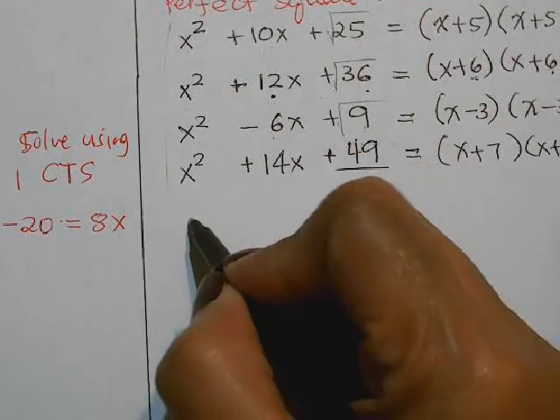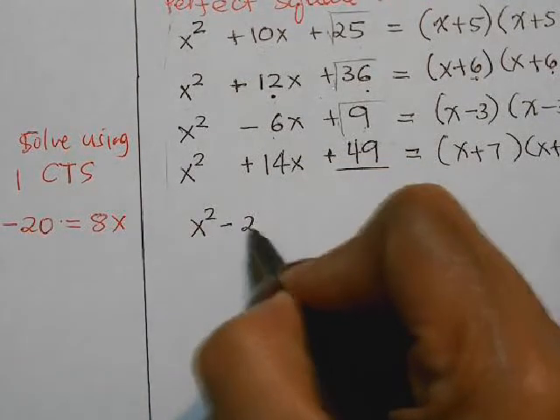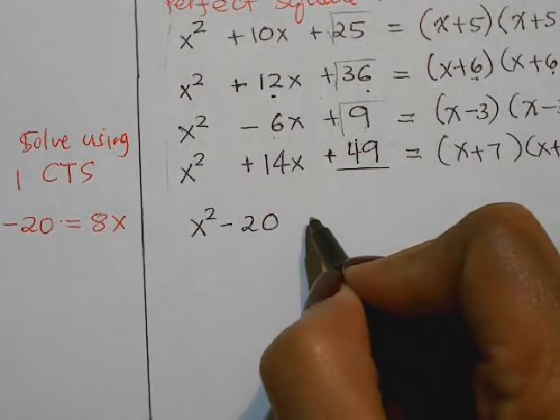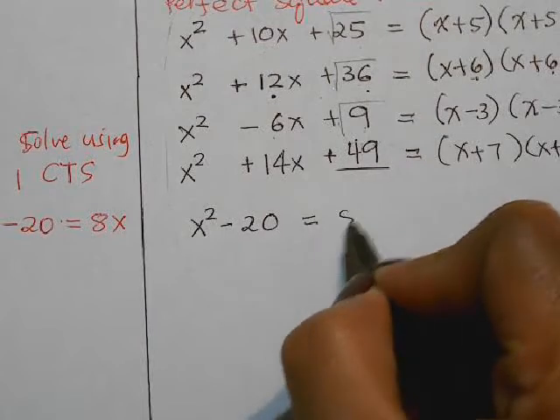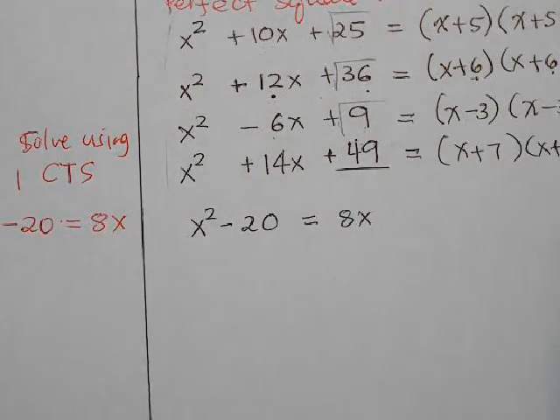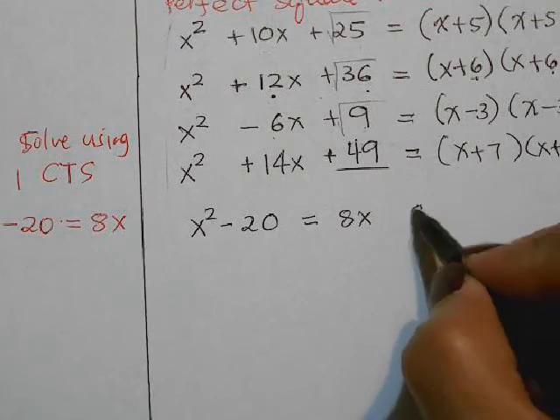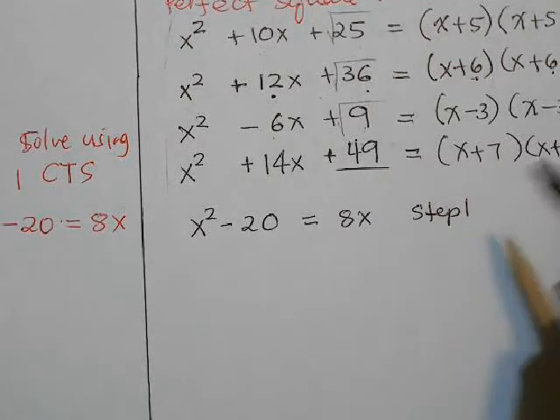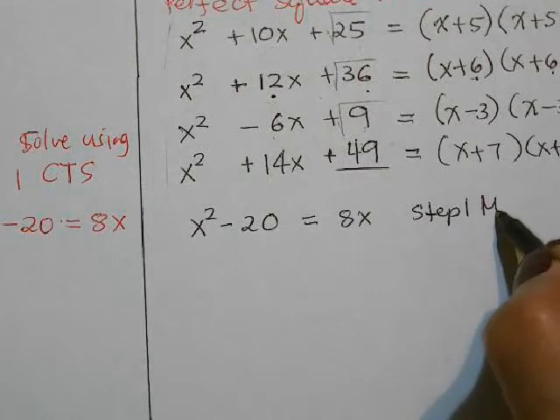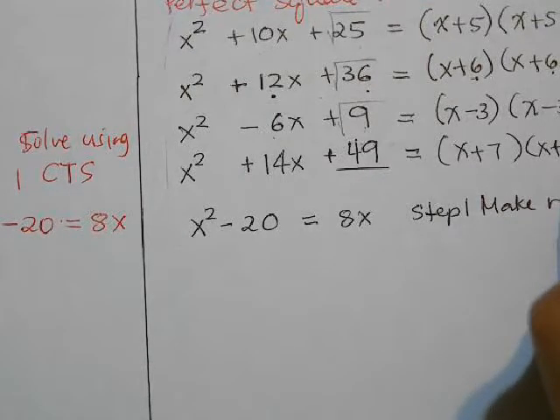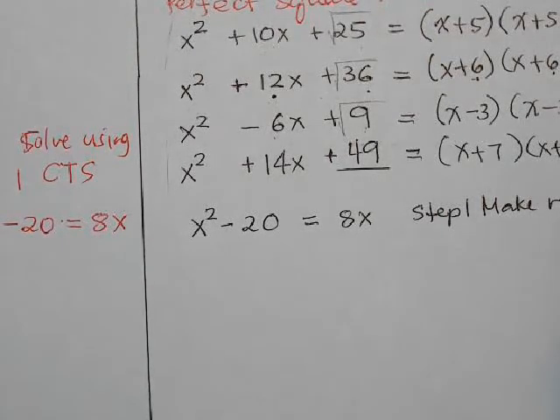Okay, so this is our given: x squared minus 20 is equal to 8x. Step 1, make the right side equal to the number, or the constant, not 0.